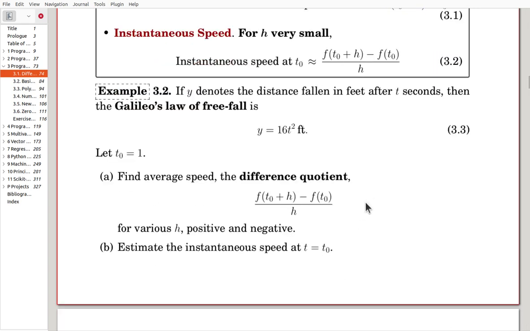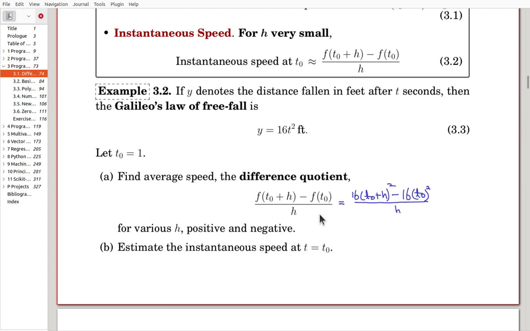For h generally chosen, f is defined in this way. So rather than t, we put t0 plus h, so there is 16 times t0 plus h, squared, minus 16 t0 squared, over h. Of course, I'm sorry, we have to put the square here.